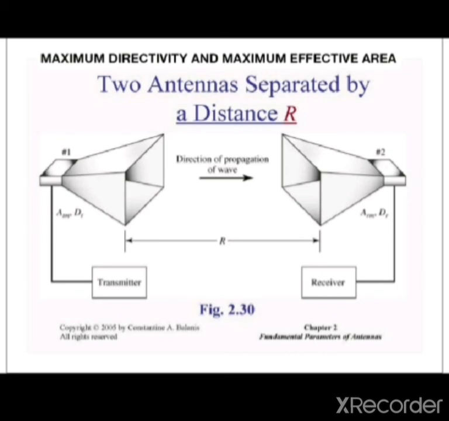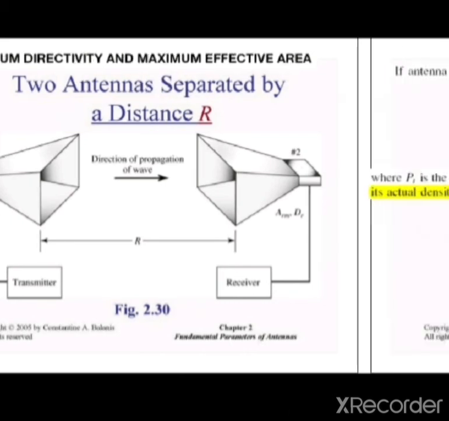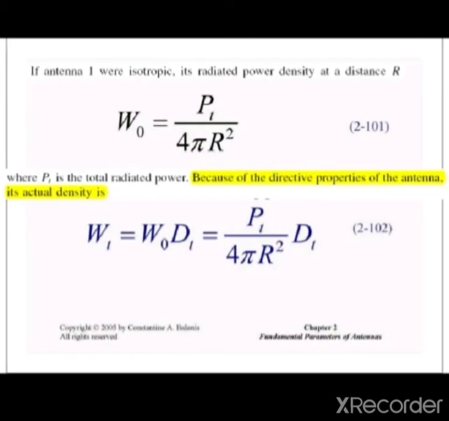So the direction of propagation from the transmitting to the receiving antenna is directed to the maximum effective area. Here, if antenna 1 were isotropic, its radiated power density at a distance R would be W naught equal to Pt by 4 pi R square.